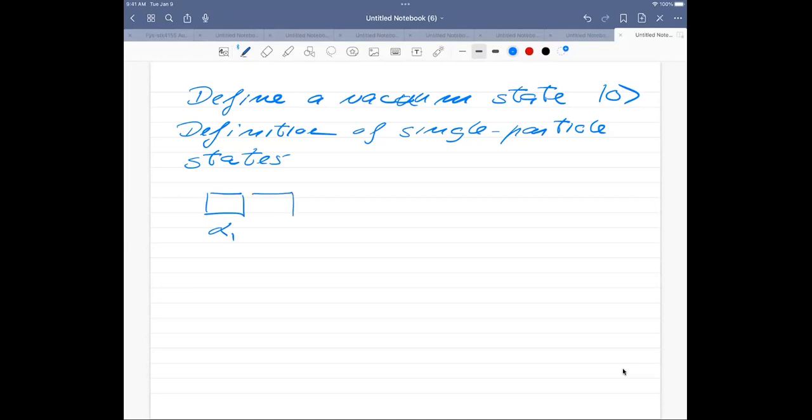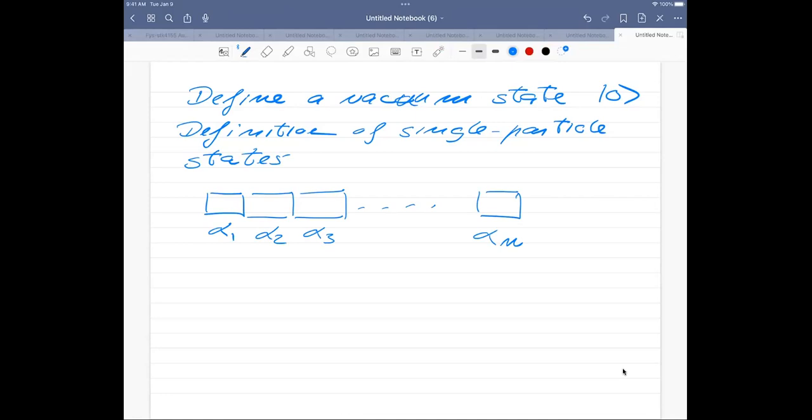So this could point to angular momentum. It could point to spin. It could point to other quantum numbers which are needed to define a single particle state. And then this moves up to a state which we call alpha n. So this is the last slot which is being filled by these particles up to a certain level.